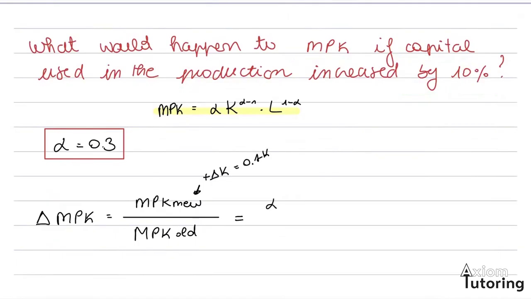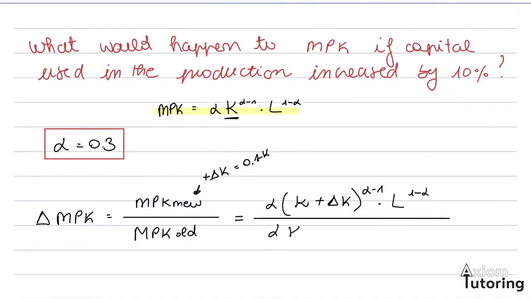So we are going to write alpha, and to the capital term here, we are going to add our change in capital, everything to the power of alpha minus 1 times L^(1-alpha), again, labor constant, over alpha k to the power of alpha minus 1 times L^(1-alpha), as this is the old MPK in the sense that there is no change.